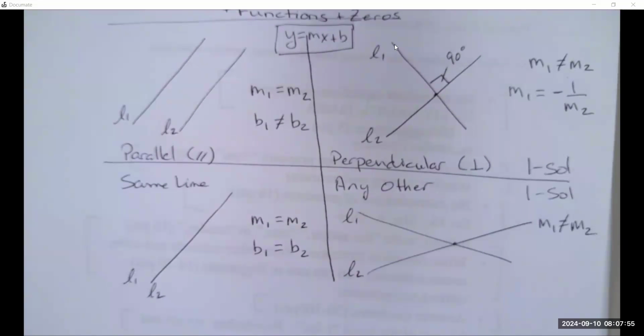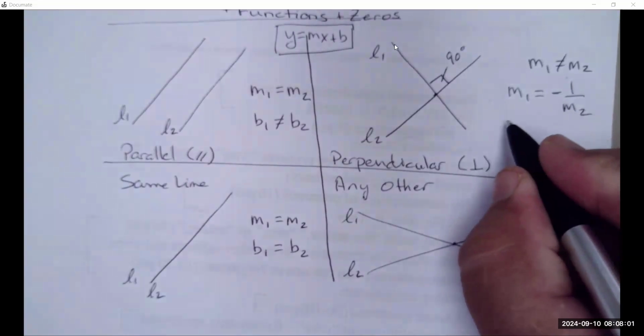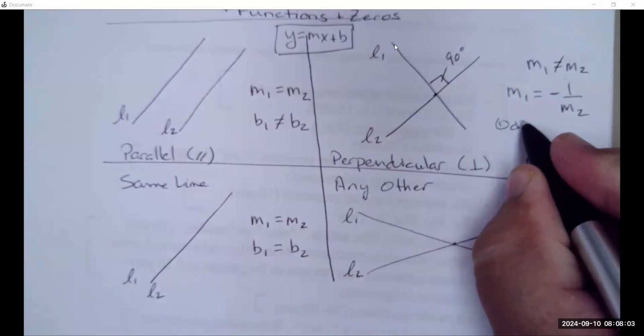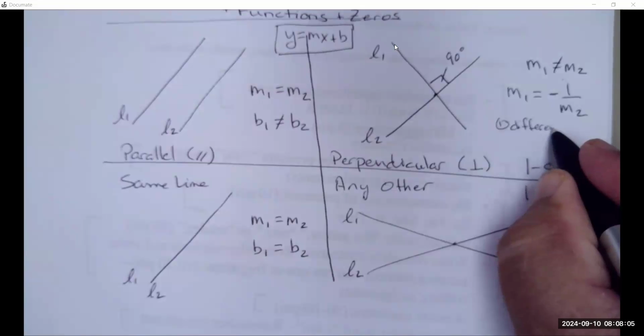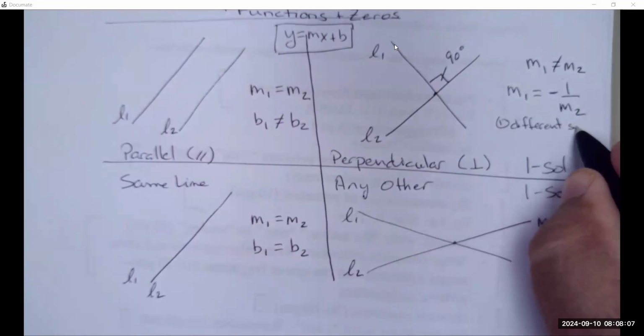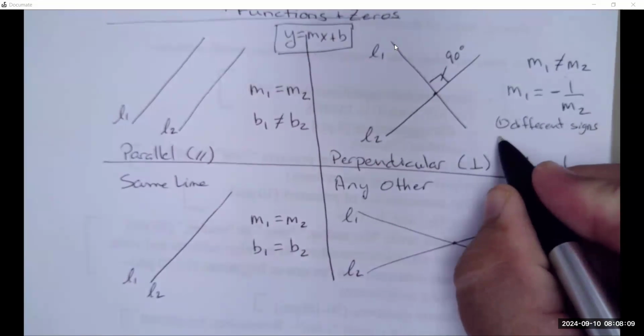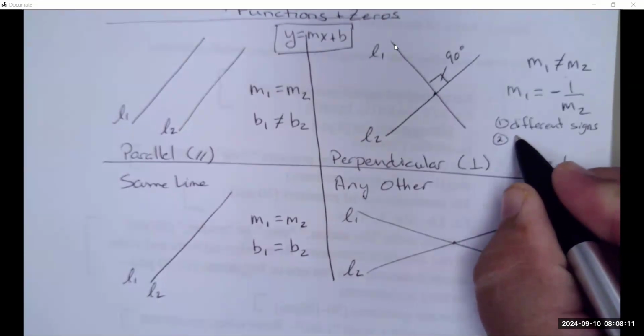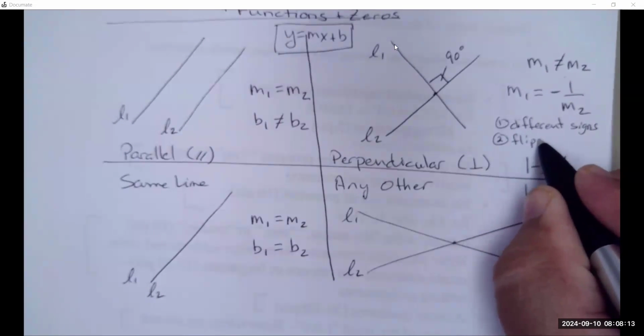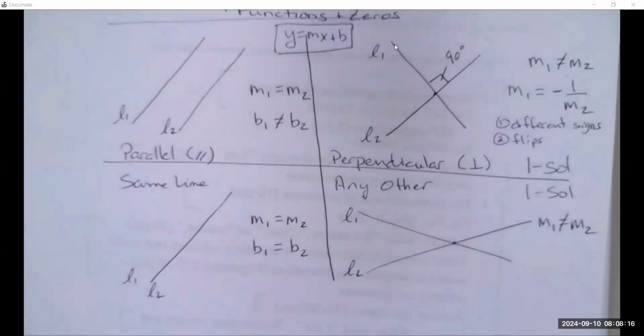They have to be negative reciprocals of each other. What does that mean? One, the signs have to be different. And two, they have to be flips of each other, or we say reciprocals of each other.